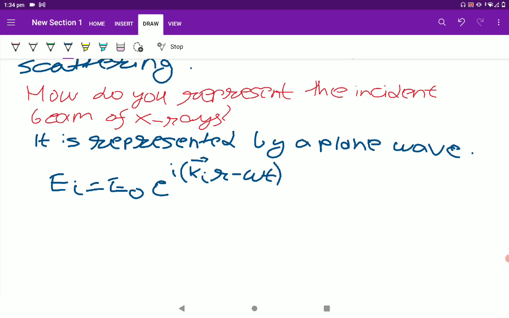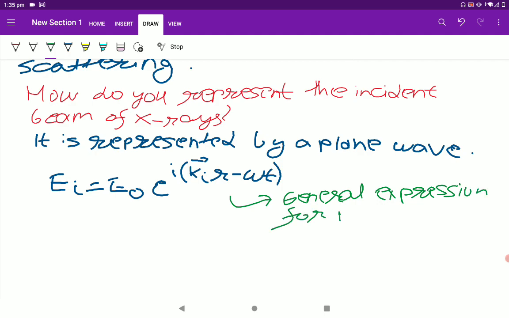So this is the general expression for a plane wave.